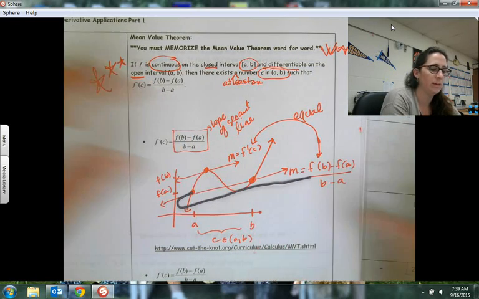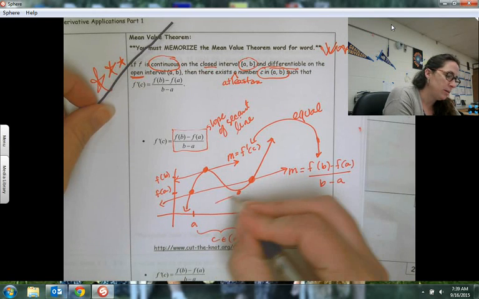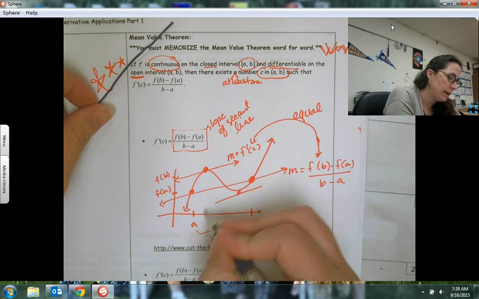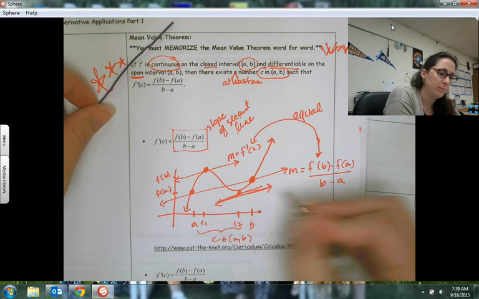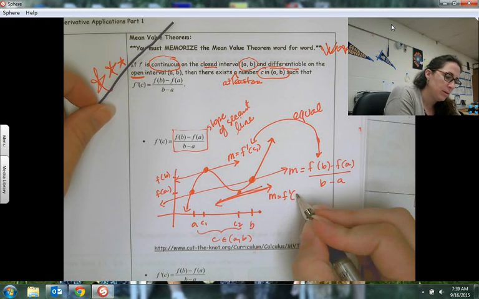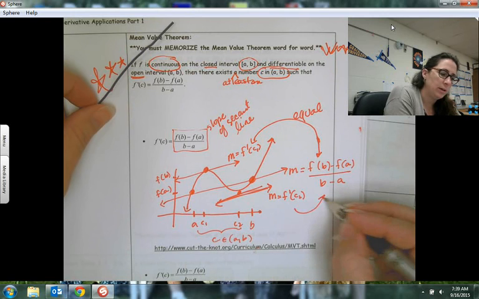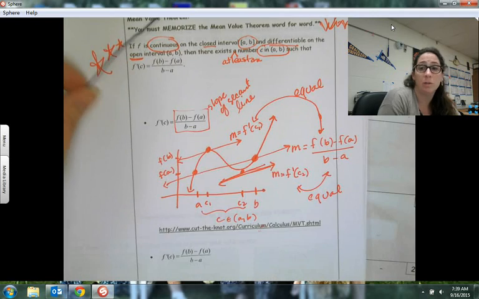Oh, there's another one that is exactly equal, right here as well. So let's call that one c sub 1, and this one c sub 2. That slope right here is also equal. So there can be more than one, or there could just be one.